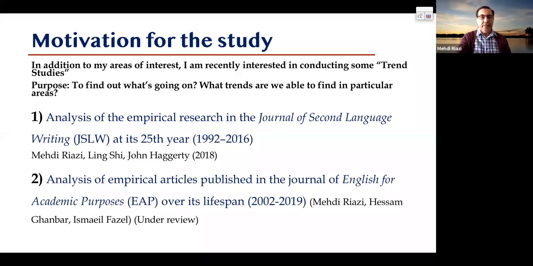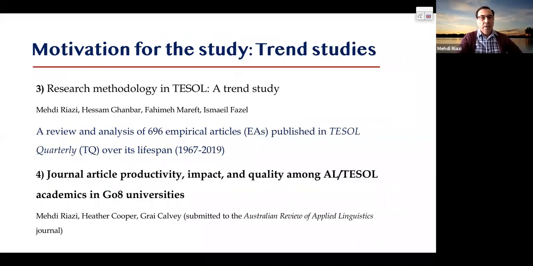This has been submitted and is currently under review. The other one is research we are doing on research methodology in TESOL, again a trend study. In this study, we are reviewing and analyzing 696 empirical articles published in the Journal TESOL Quarterly over its lifespan.